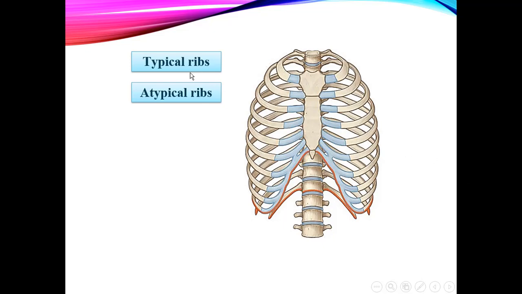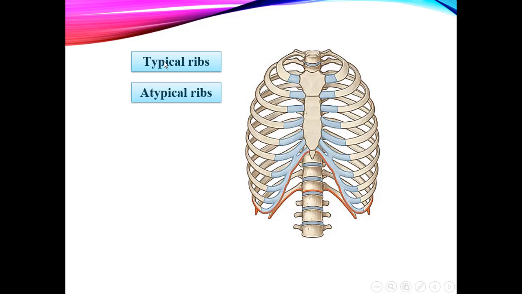Which ribs are typical ribs? R3 to R9 are typical ribs, and the remaining ribs are atypical ribs. So remember that R1, R2, R10, 11 and R12 are atypical ribs.